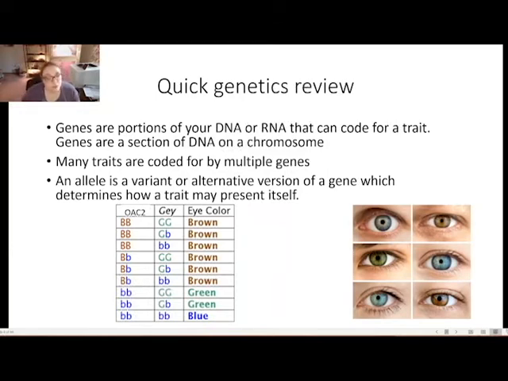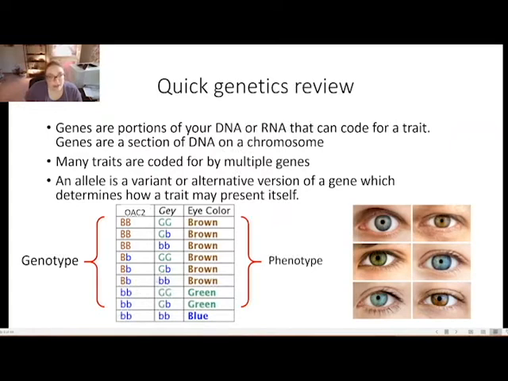Two more terms that you might want to understand are genotype and phenotype. The genotype refers to the number of different genetic combinations of alleles that are possible. So in the eye color example that we gave here, there would be 9 different genotypes. So we have 1, 2, 3, 4, 5, 6, 7, 8, 9.